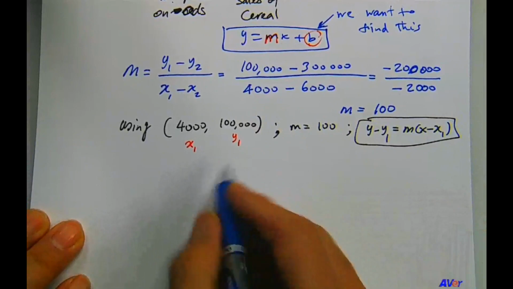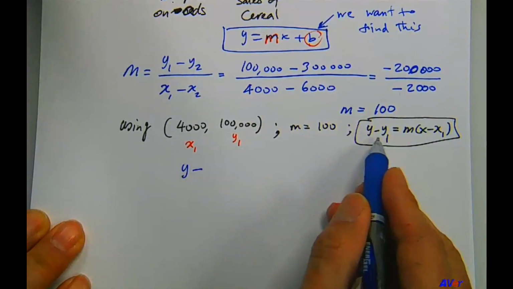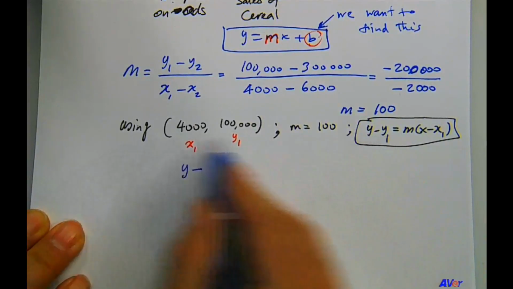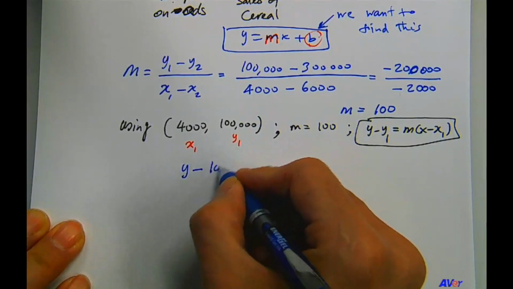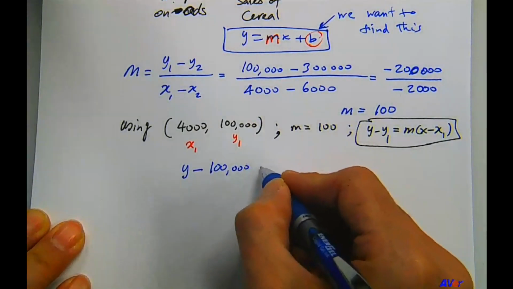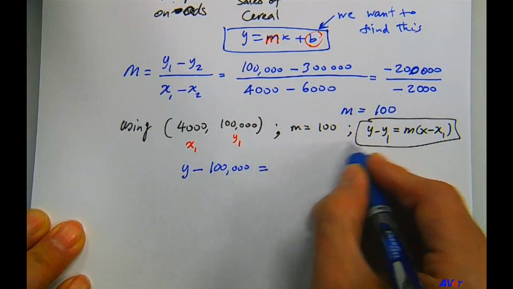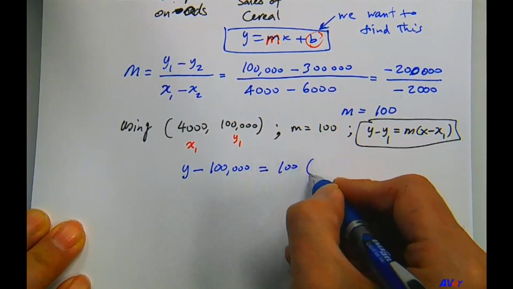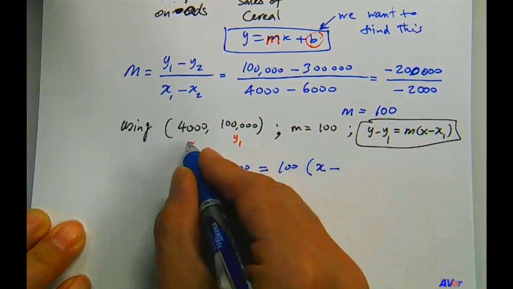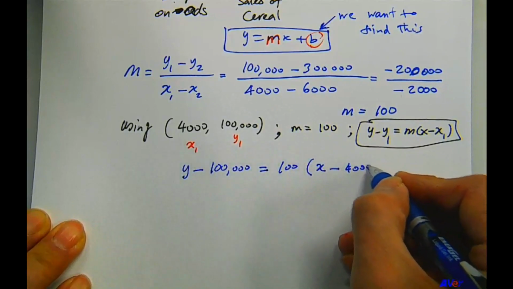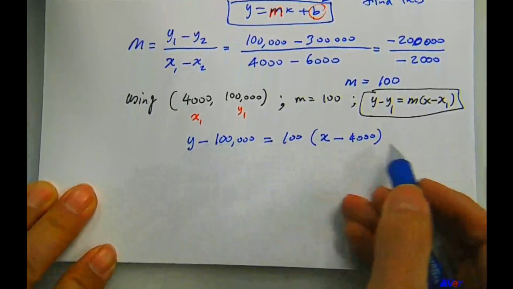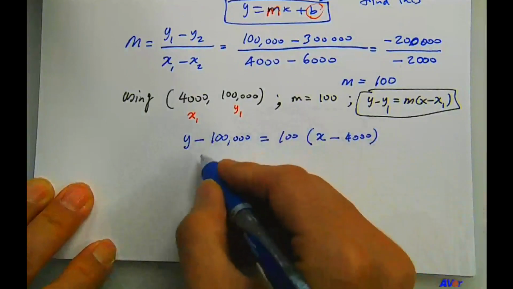So let's put it together. We have y minus y1. I'm just plugging into this with all of this information. Y minus 100,000 equals m, which is 100, times x minus x1, which is 4,000. So let's do the algebra, simplify, and get our equation.